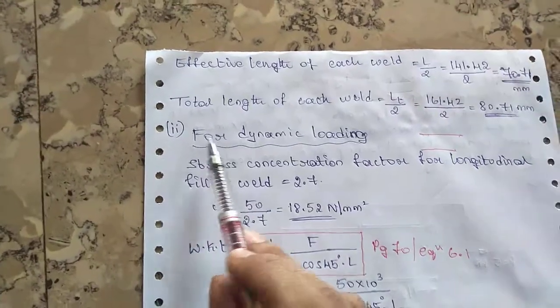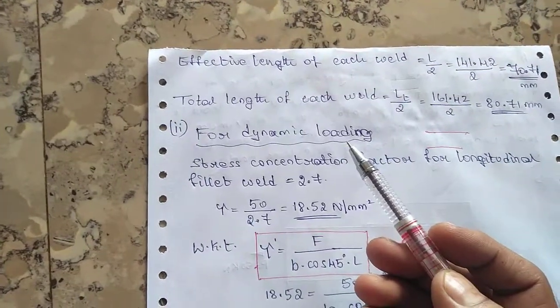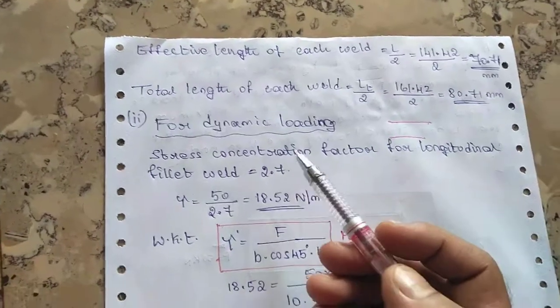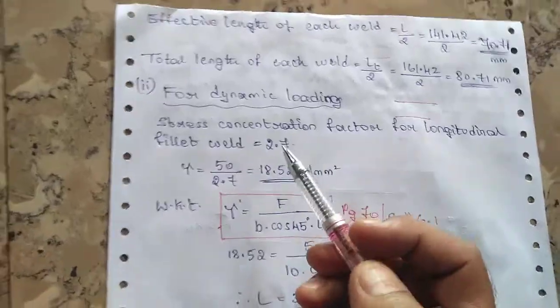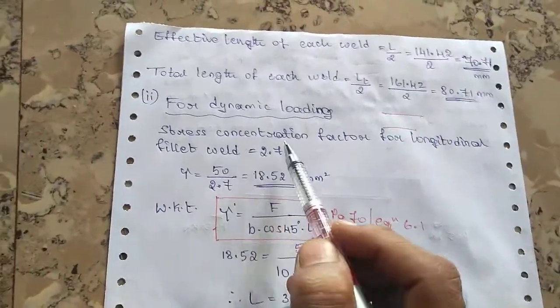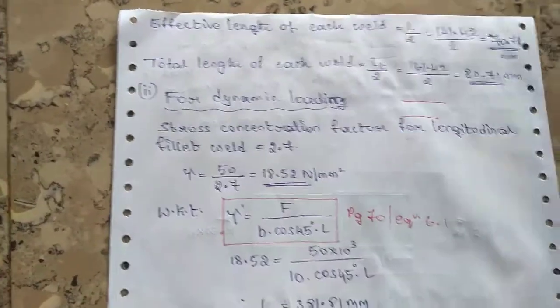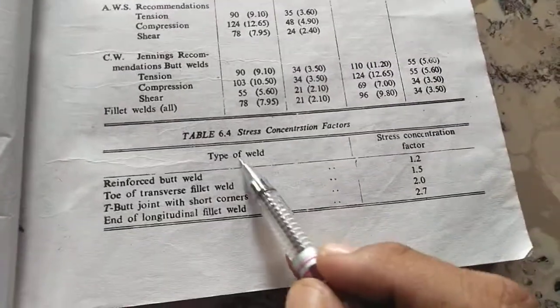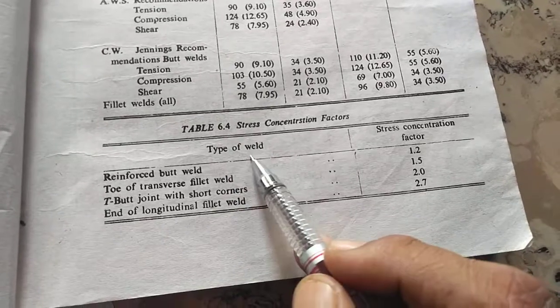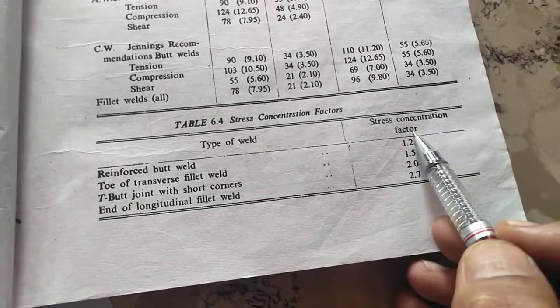Similarly, that was for static loading, and in the case of dynamic loading, we have to use stress concentration factor. Stress concentration factor using data handbook, we can get it from here. Here we have table number 6.4, type of weld and stress concentration factor.